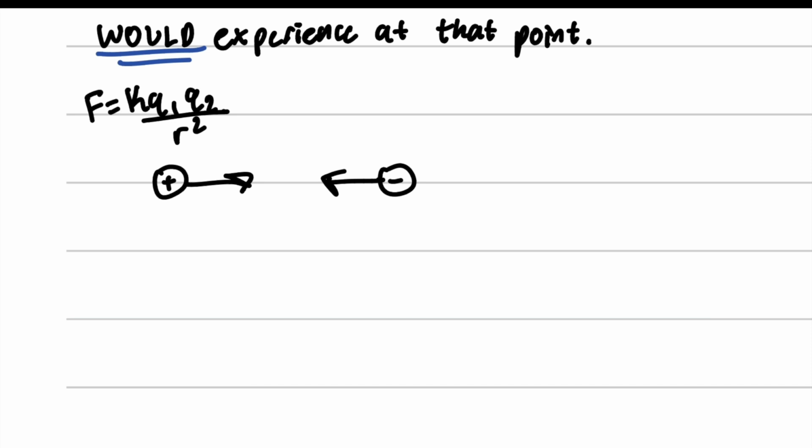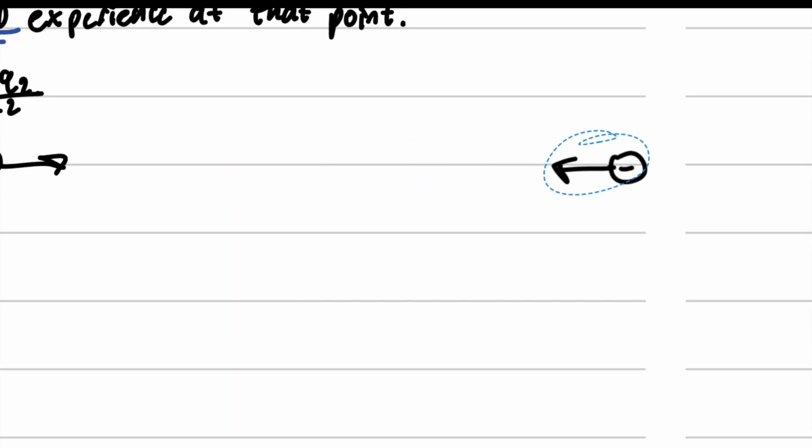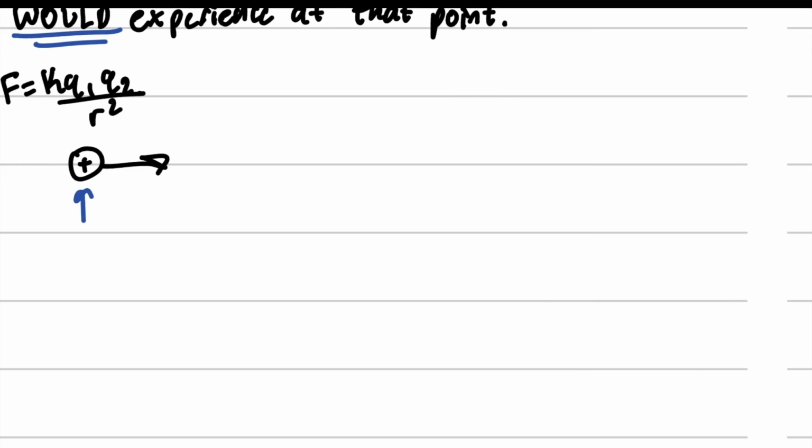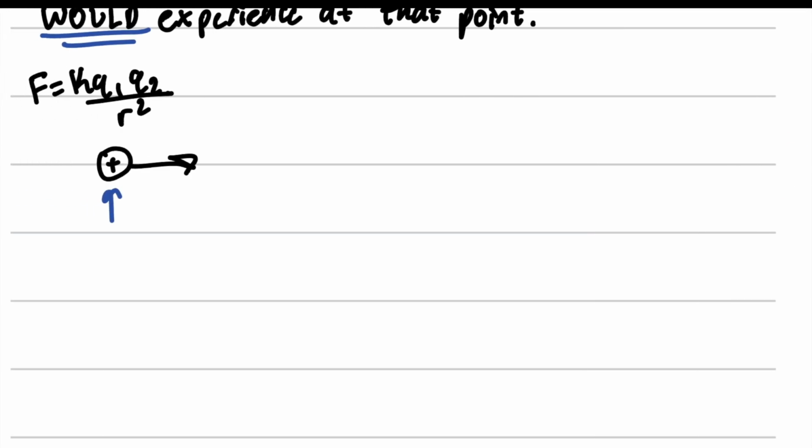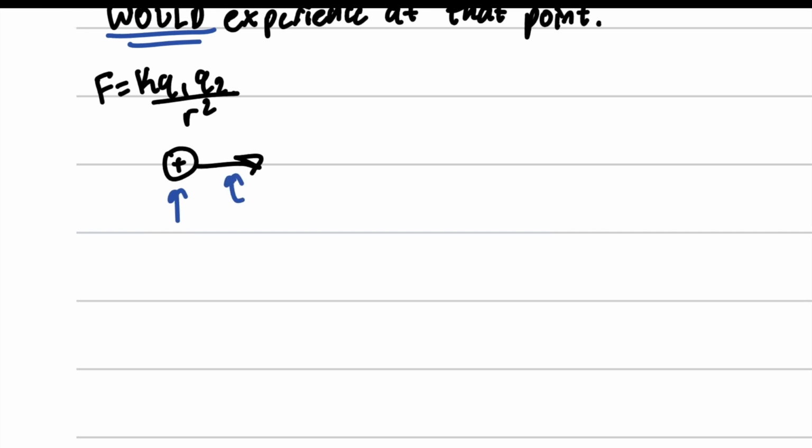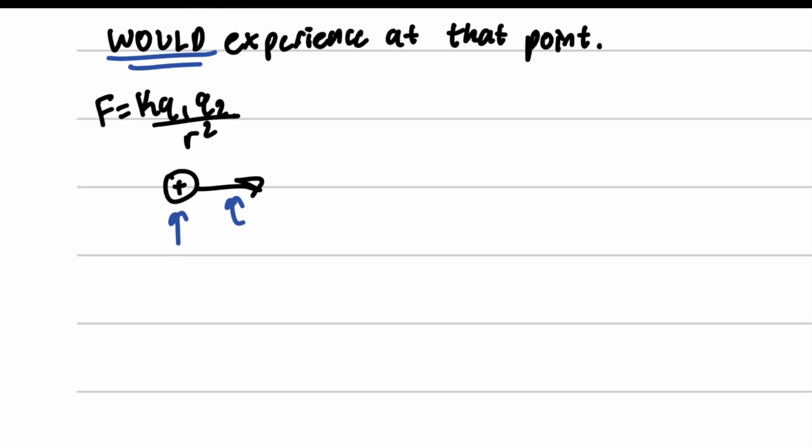This charged particle right here is always going to have the ability to attract something, even if this guy were here, or here, or just completely out of the picture. It's still going to have this thing, but it's no longer a force because there is no more Q2. So what would this be?